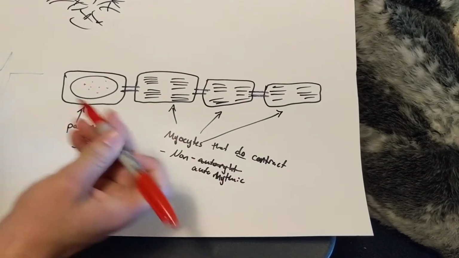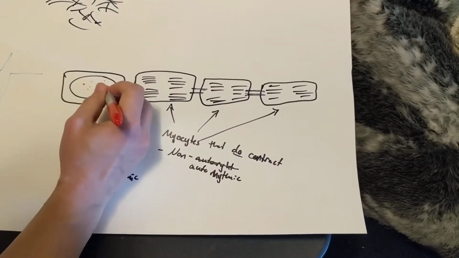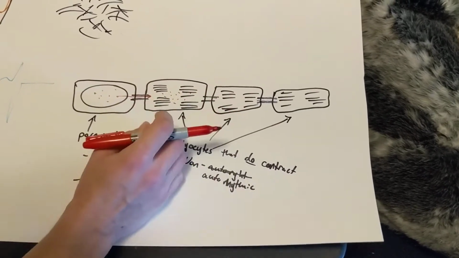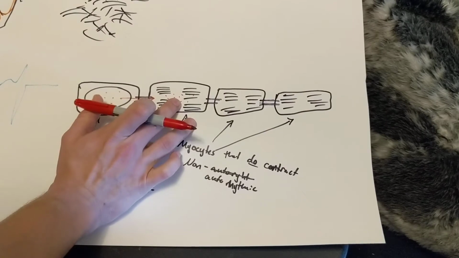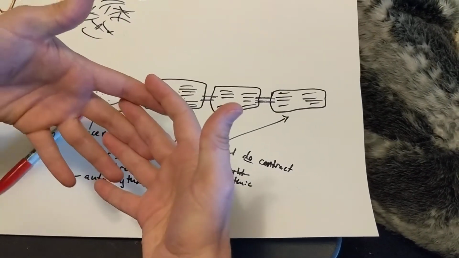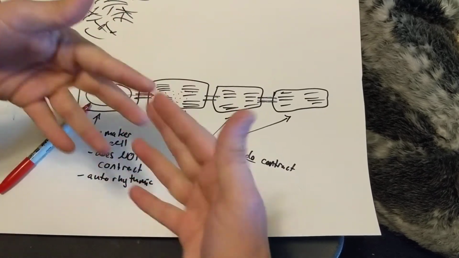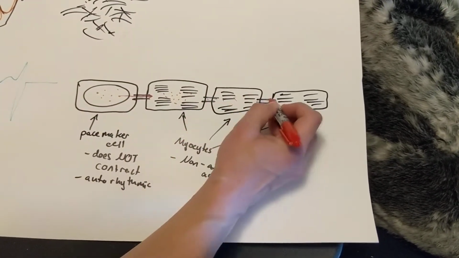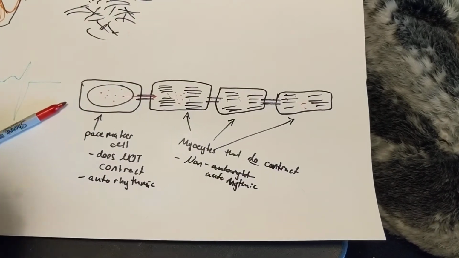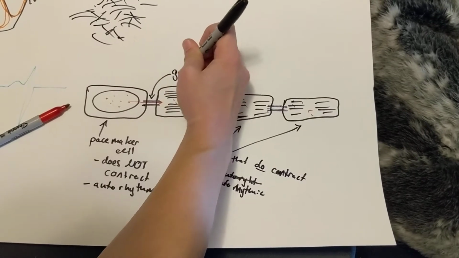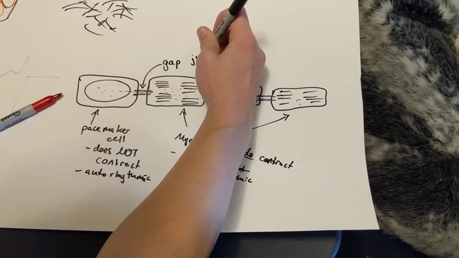So we have our ions in here, they move in here, and we're going to say these are calcium ions, right? Because we talk about calcium promoting that actin and myosin filament, sliding filament theory. And so it'll travel through this myocyte, travel through this myocyte, travel through this myocyte, through these things called gap junctions.